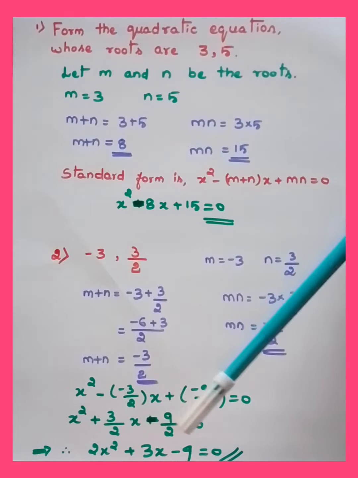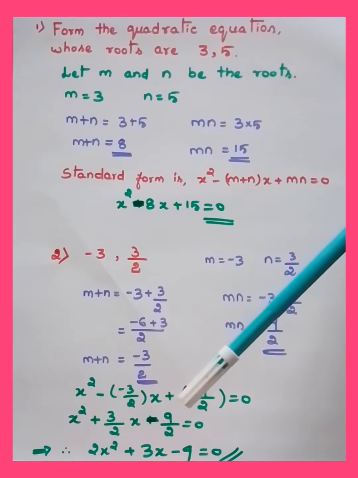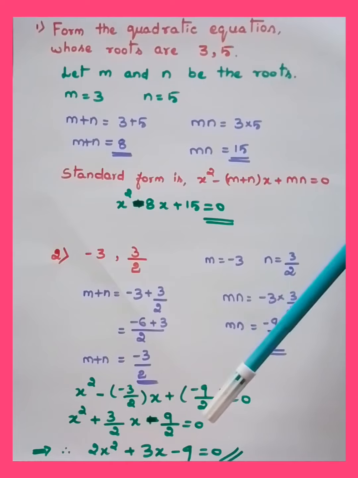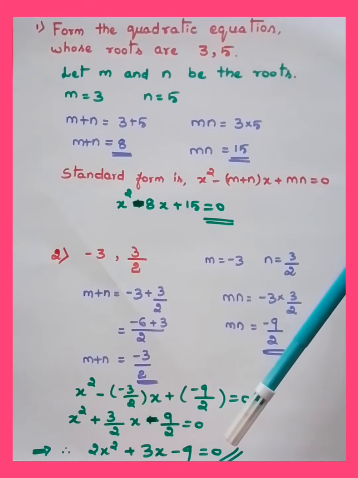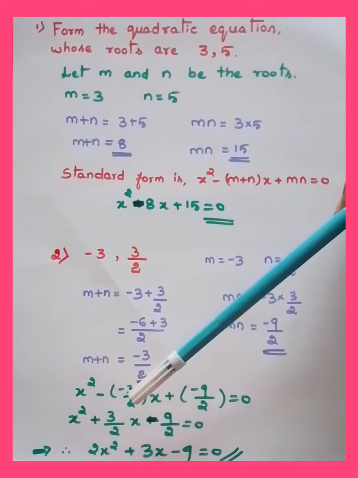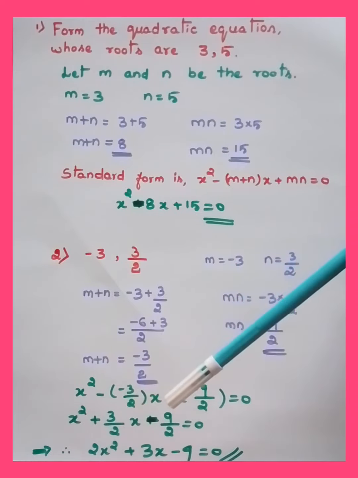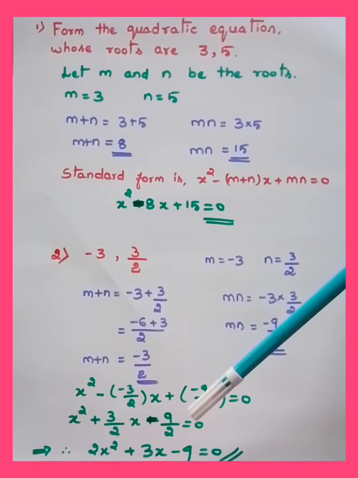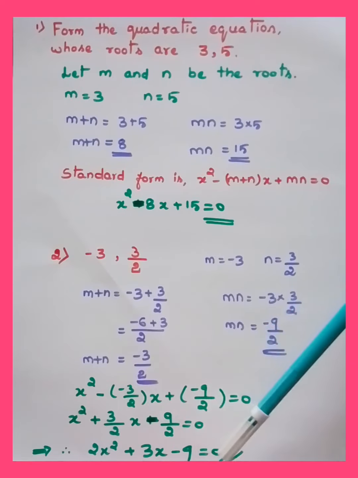So, because of the denominator we have to multiply the entire equation by 2, both right hand and left hand side. Then the right hand side, of course, multiplied by 2 becomes 0 only. Then the first term we get as 2x², and 3x minus 9. We get the answer in this form.